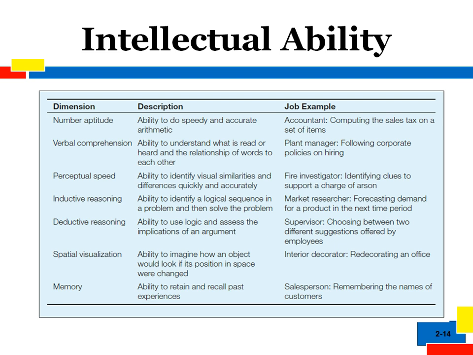Now, you can understand that being good with numbers is going to help with accounting and financial related jobs, speed and accuracy and understanding of mathematical properties. Verbal comprehension, being able to understand what you hear and what you read, and deriving an accurate meaning from communication is very important, especially for managers.